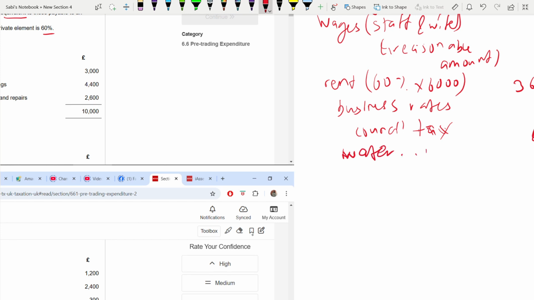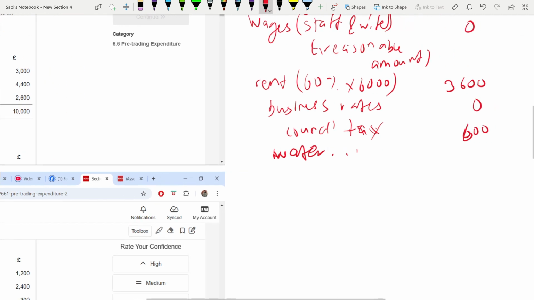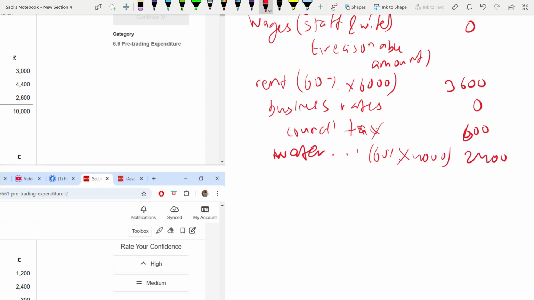Rest all you can fill. Private is 60% of the premises, so water also will be 60%. Any expenses related to that premises, you have to take the private element, which is 4,000. So 2,400. Next.